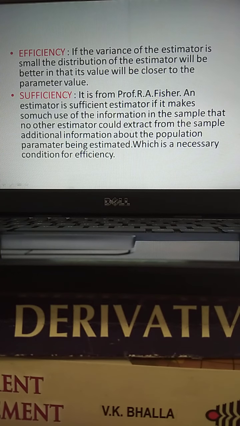So here ends estimation theory. What did you learn here? What is meant by estimator, estimate, estimation? The criteria of a good estimator: unbiasedness, consistency, efficiency, sufficiency, and also the types of estimates. The first one is point estimation, that means a single answer you provide.